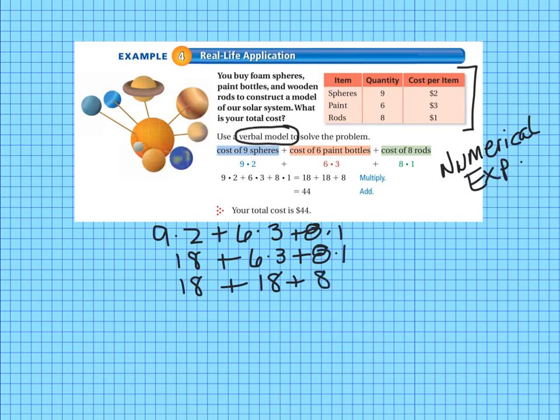And you would say, of course we can do that, Mrs. Timms. And then we would add this up. 18 plus 18 is 36 plus 8, and 36 plus 8 is 44. And we have our little funnel action going on there. So your total cost is $44.